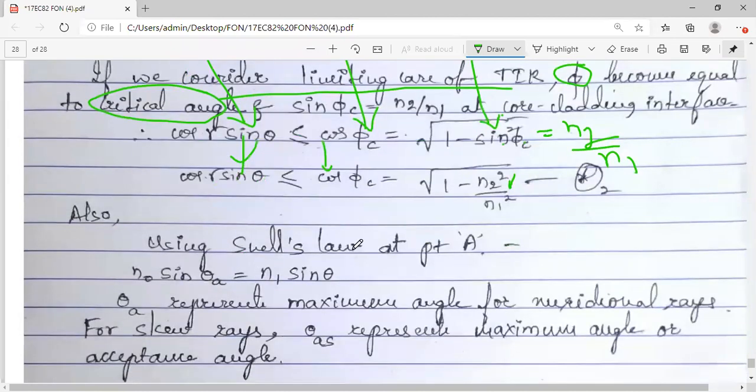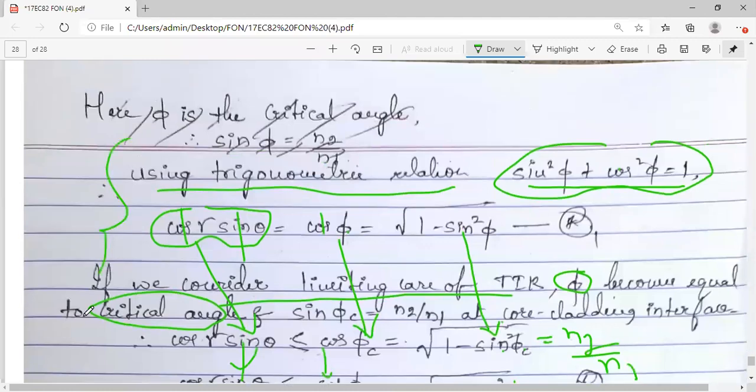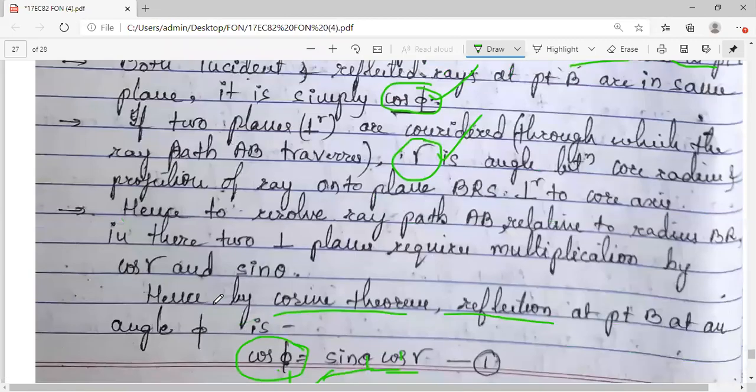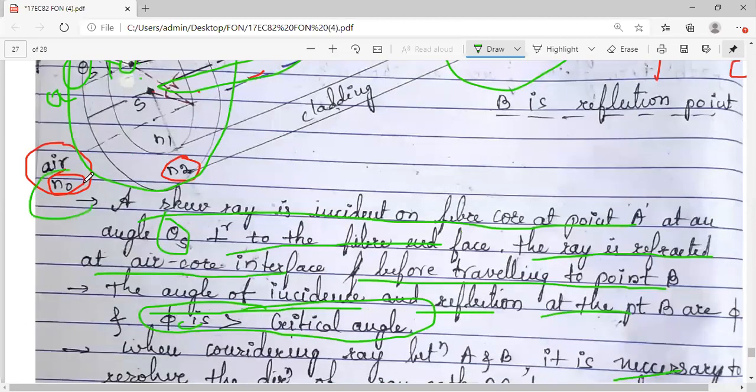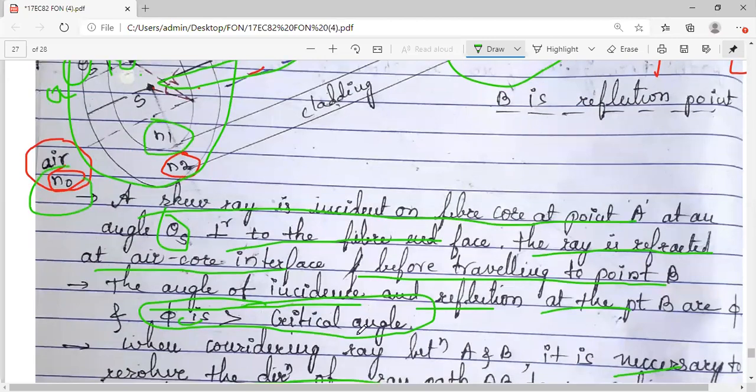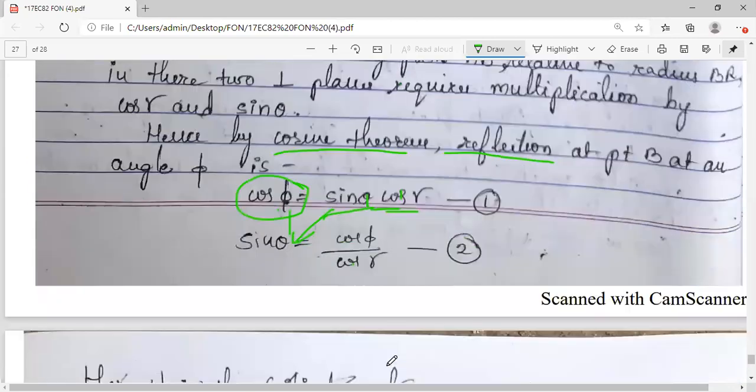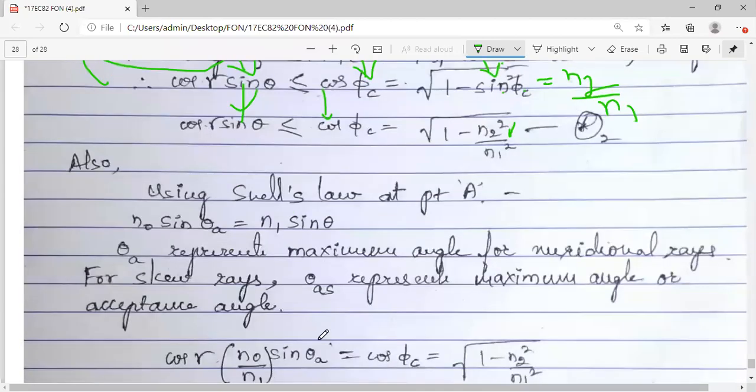All this that I have dealt with is with respect to point B, so point B is over. Let us apply Snell's law at point A, the air-core interface. N0 and N1 are the refractive indices. Using Snell's law at point A, the first medium is air, so N0 sine theta A is equal to N1 sine theta. Why N1 sine theta? The second medium is core and the angle is theta.